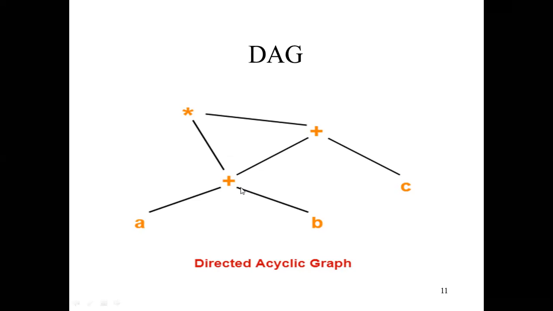We assign the operator symbol to the interior nodes. These are the exterior nodes, so we write the names or identifiers. Here we are writing A, B, C.